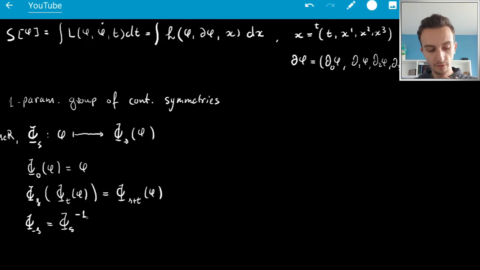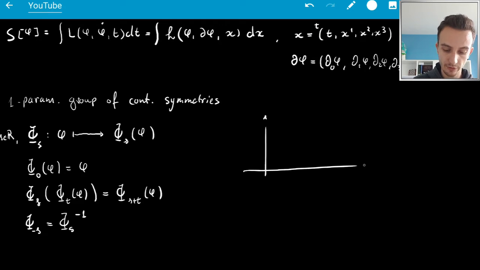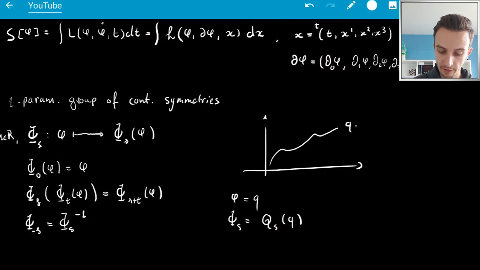Okay, and well, this is the role it's playing. So let's imagine just the coordinates, right? Imagine that we're back in classical mechanics and phi is just q. Big phi s is then q s of q. So I depict something like q of t.